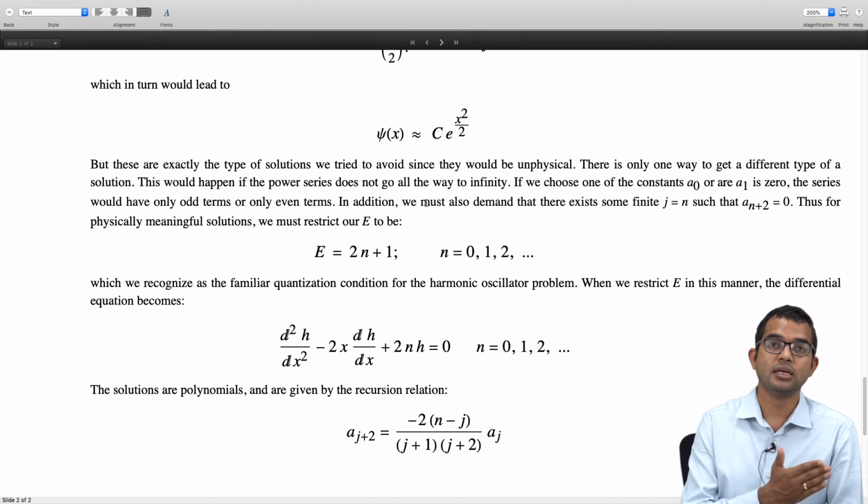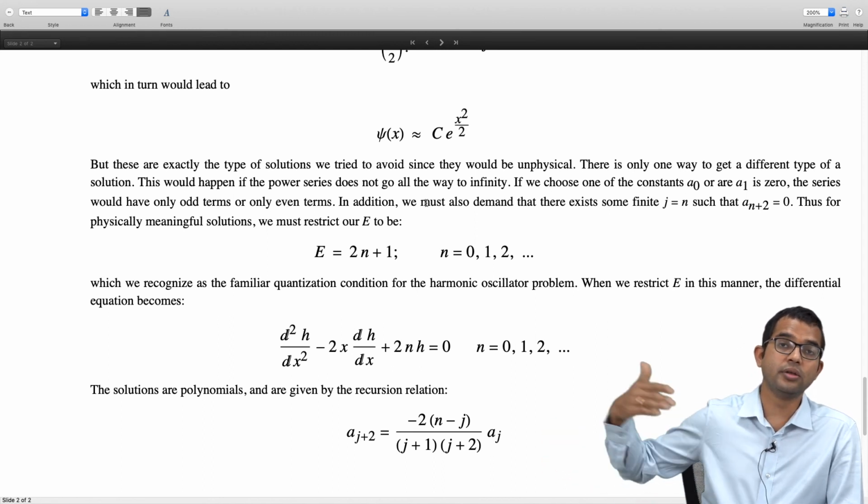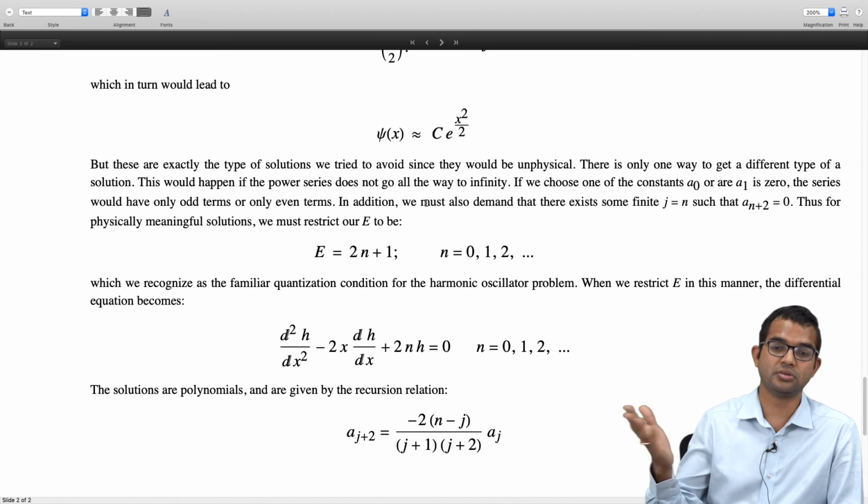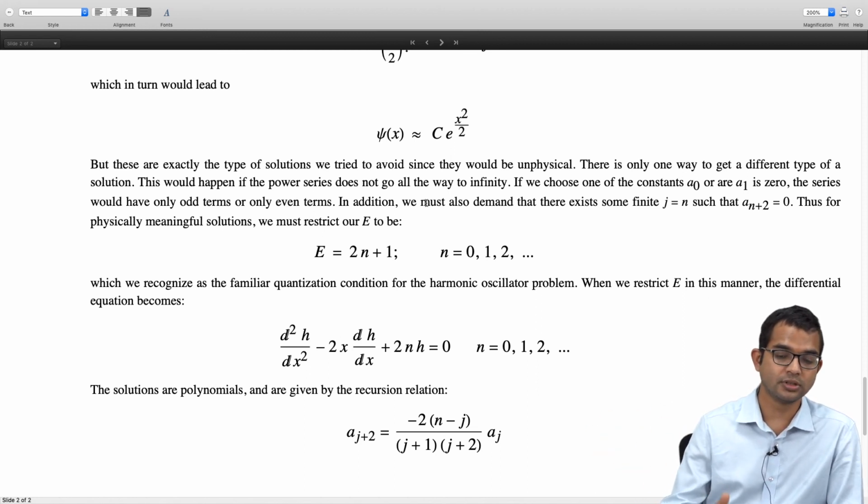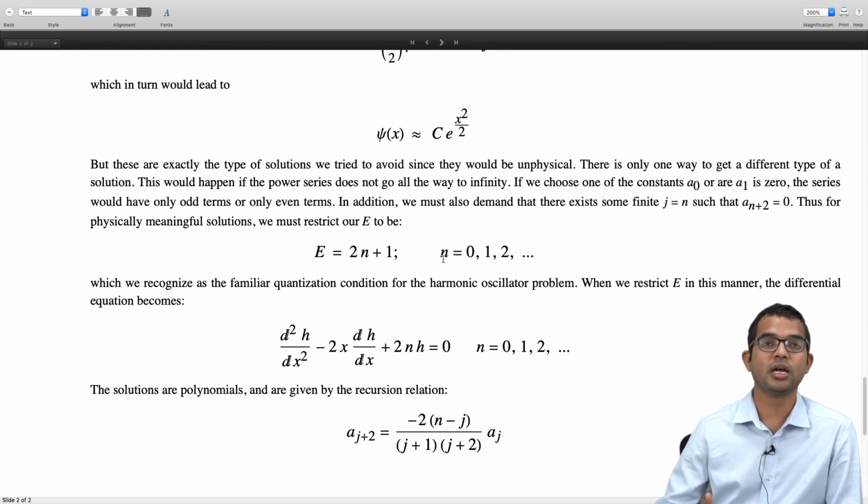In other words, these power series don't go all the way to infinity, they are polynomials. So definitely there's no difficulty with convergence and so on, right? So for this particular very precise choice that we make, they become polynomials, which are extremely well behaved functions, and they are meaningful for all values of x and so on.